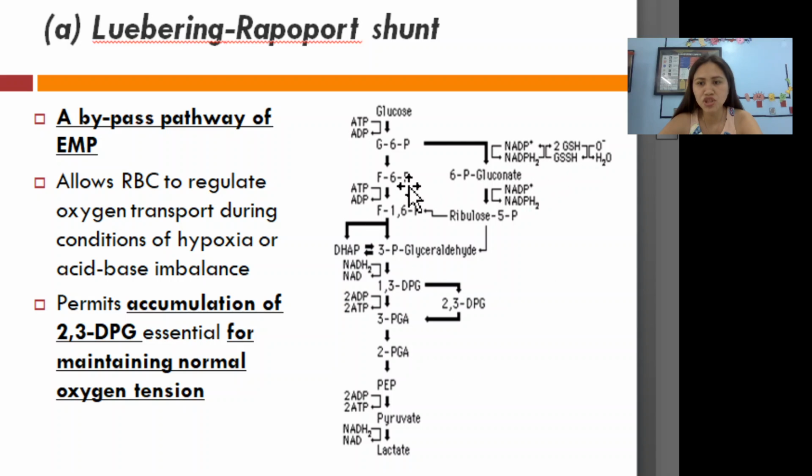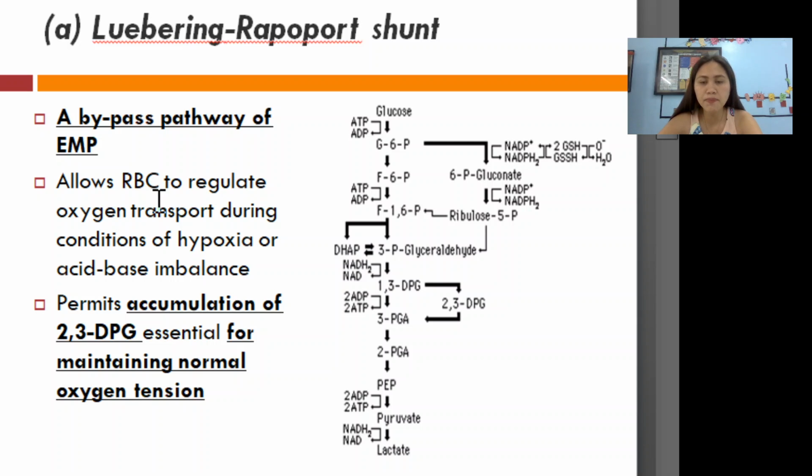Kaya murag ma-appeal siya, but ma-appeal siya during this stage, this phase of Embden-Meyerhof pathway kani siya. Embden-Meyerhof pathway man ni siya, then this one is the Luebering-Rapoport shunt. Important ni siya mo occur so that makaproceed po siya up to the end of the process. Okay, so it is a bypass pathway of Embden-Meyerhof pathway.